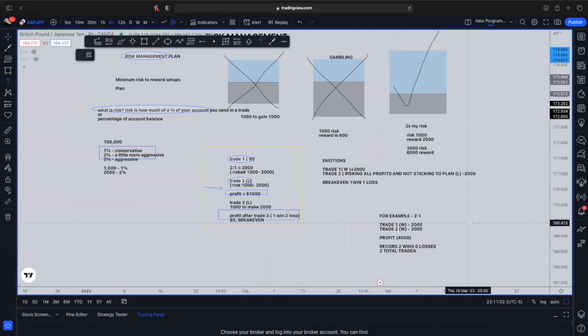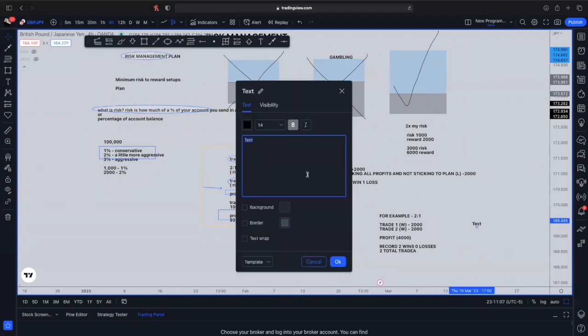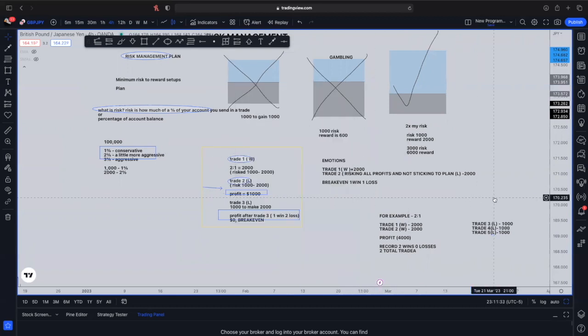If we lose our next 3 trades, trade 3, trade 4, trade 5. Okay, it won't happen, but let's just say we lose the next 3 trades. Negative 1,000, negative 1,000, negative 1,000.